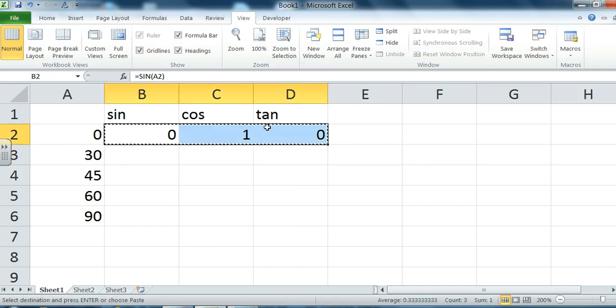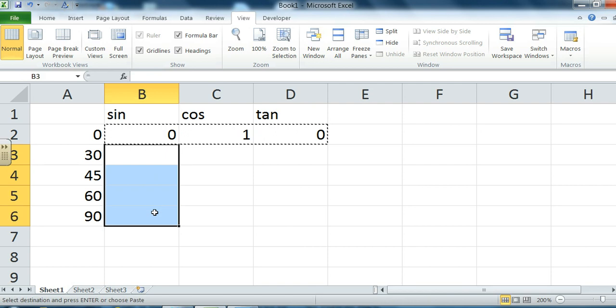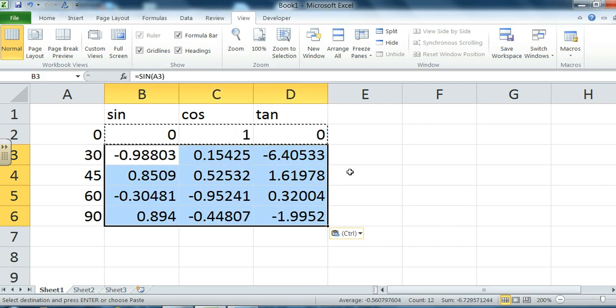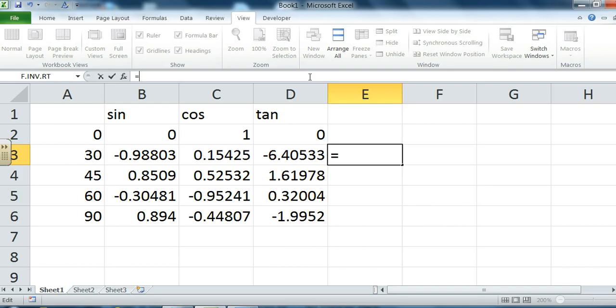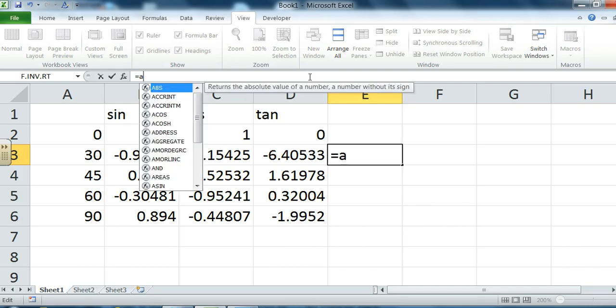So I'm going to copy, and paste it down here, and find the percent error. I'm going to go equals, absolute value.